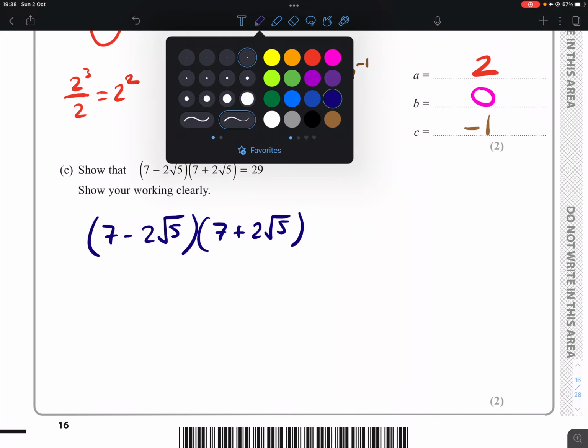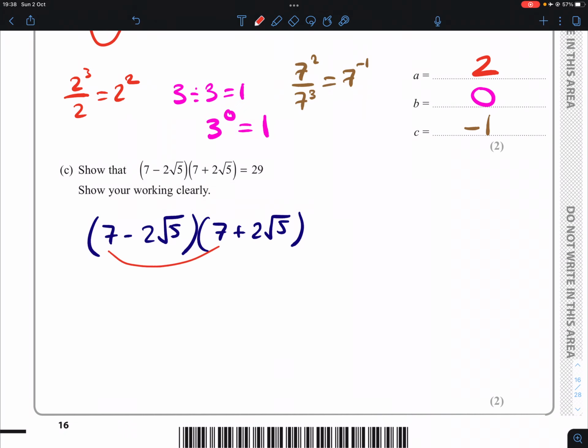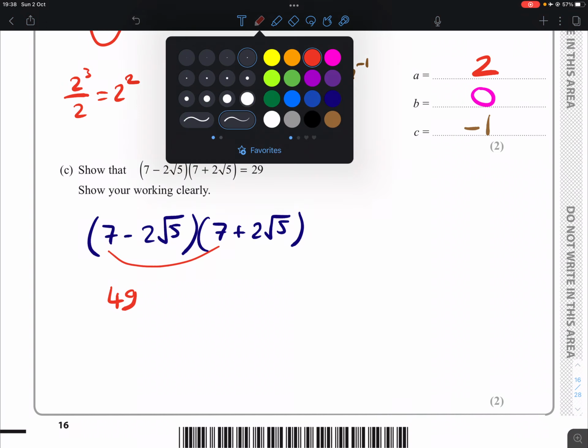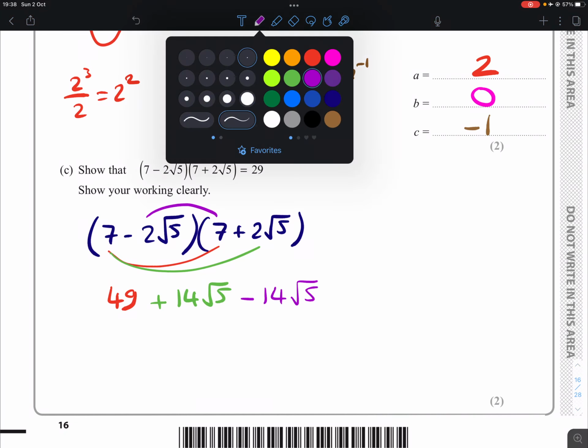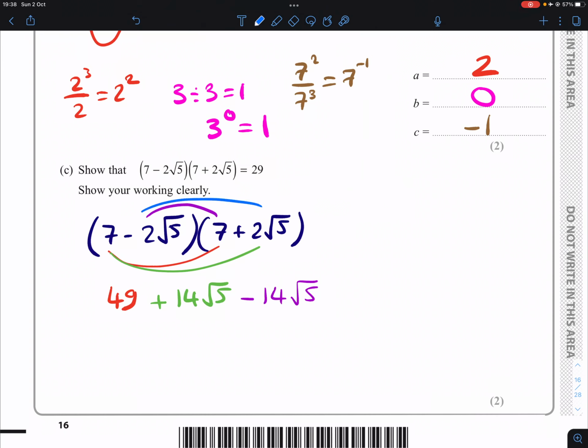So breaking out our brackets here, we're going to have a 7 times 7 for 49. We're going to have a 7 times 2 root 5 for a 14 root 5. We're going to have a minus 2 root 5 times 7 for a negative 14 root 5. And lastly, we'll have a negative 2 root 5 times a positive 2 root 5. The two 2's are going to make 4.